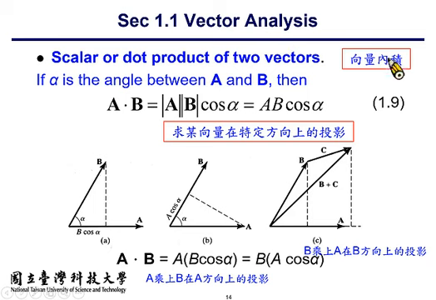Okay, and mathematically, the dot product A dot B can be expressed as the product of the magnitudes of vectors A and B times cosine alpha. And as you know, if alpha equals 0 degrees, what is cosine alpha? Cosine alpha becomes 1 if alpha equals 0 degrees, and cosine alpha becomes 0 if alpha is what? 90 degrees, right? If alpha is 180 degrees, cosine alpha becomes -1.